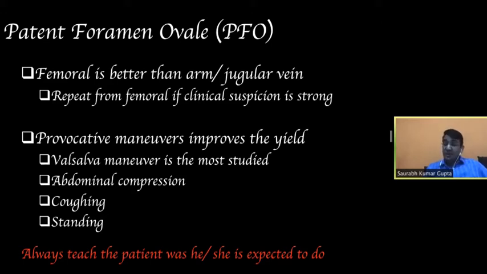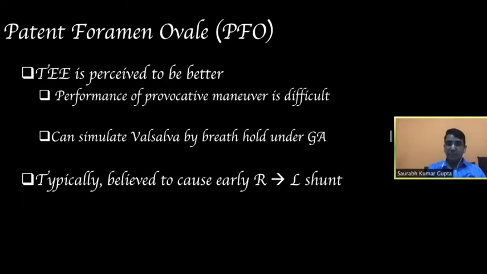Always teach the patient what he or she is expected to do. Otherwise, believe me, at least a quarter of your studies are going to become negative if your patient is not understanding what you are trying to say, and that will just result in a poor study.